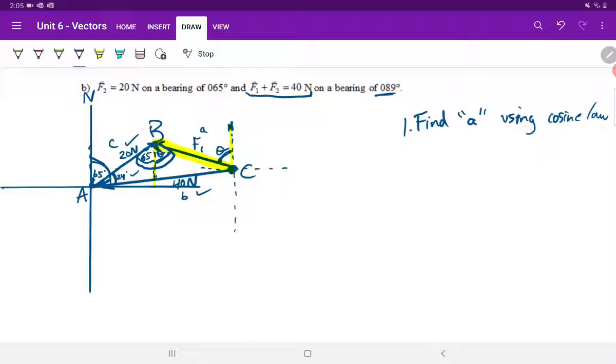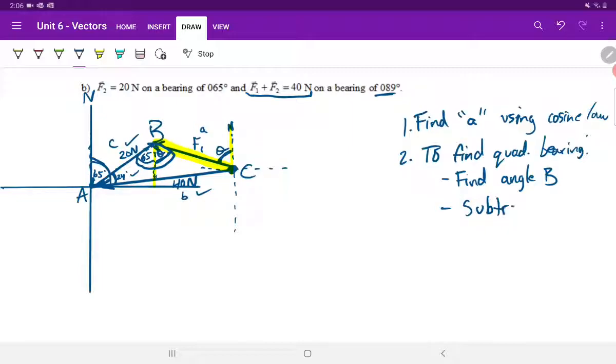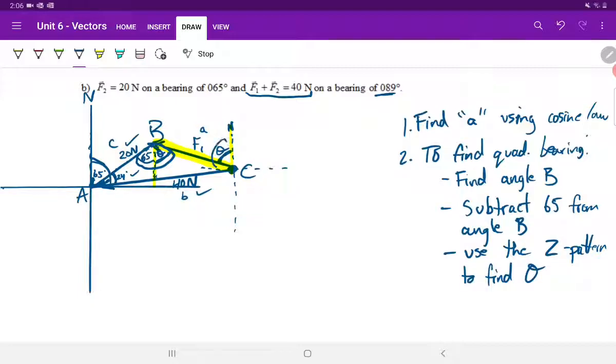Now to find our quadrant bearing, we are going to find angle B, subtract 65 from angle B, and then use the Z pattern to find theta right there.